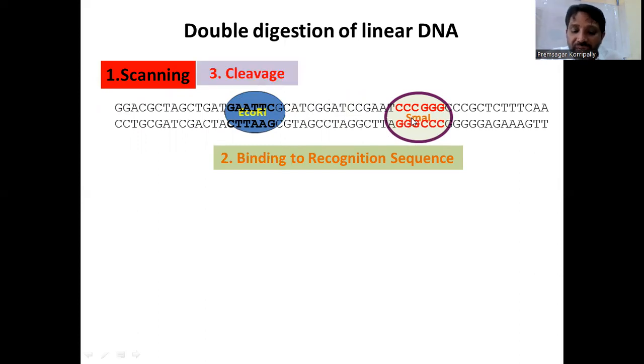Then the third step is cleavage. You can see cleavage. EcoR1 cleaves and gives the cohesive ends, whereas SmaI cleaves exactly in the center of the restriction site and gives the blunt ends.